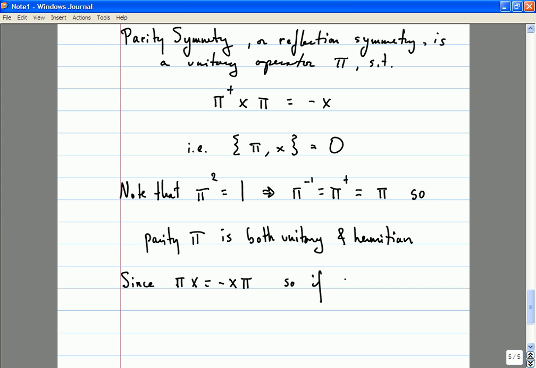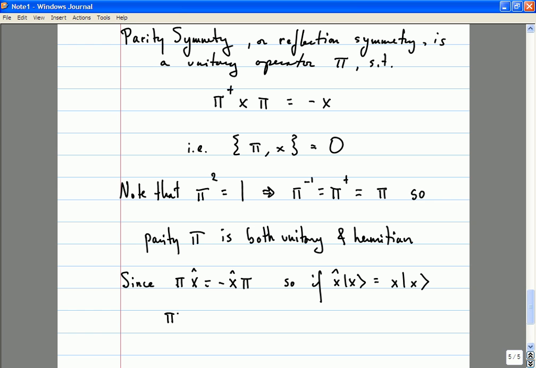I'll denote operators by hats in this equation just to keep everything simple. So if a state x is a position eigenstate, then you act on it with parity.